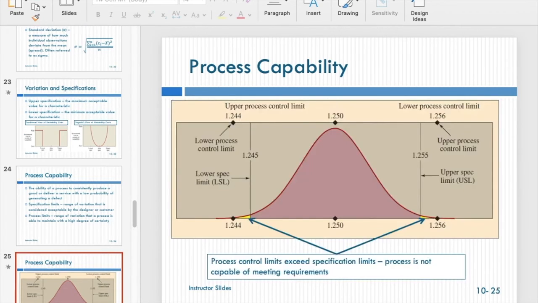Okay, so this is just a graph point of view to help illustrate the difference between specification limit and process limit. Let me give you a quick recap. Let's say the target for the length of this product is 1.25.